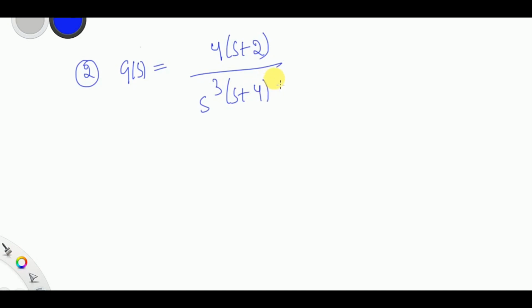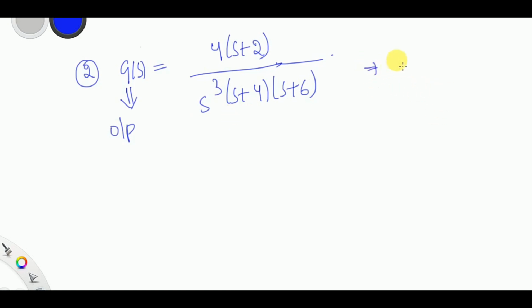Let me give you one more example, a direct question. Find the type number of the system if G of s equals 4 into s plus 2 by s cube into s plus 4 into s plus 6. Since it represents the open loop transfer function, directly you can check the number of poles present at the origin.